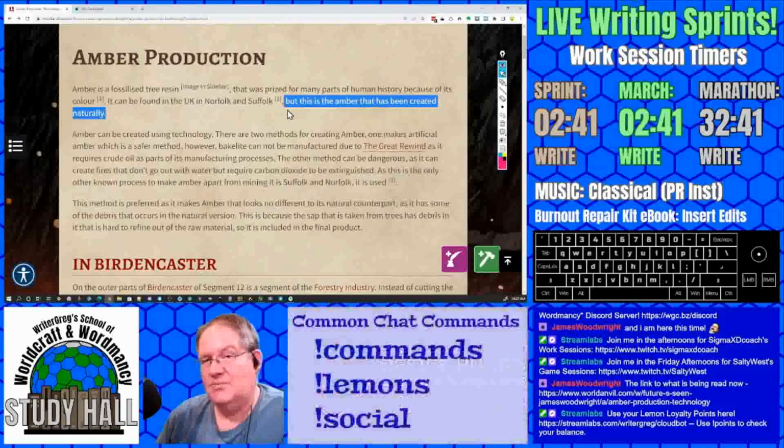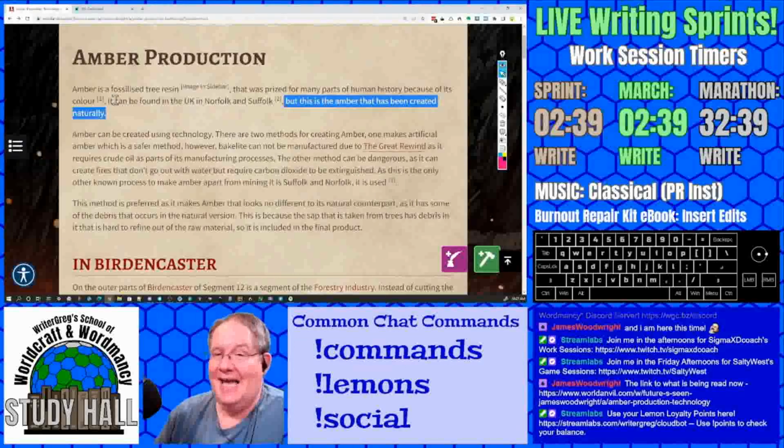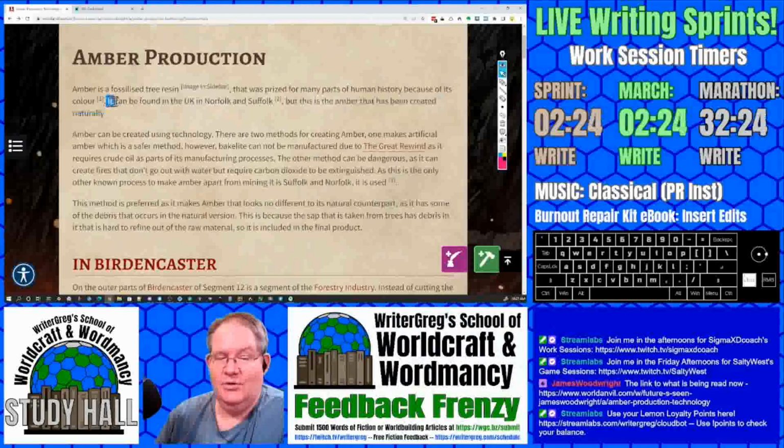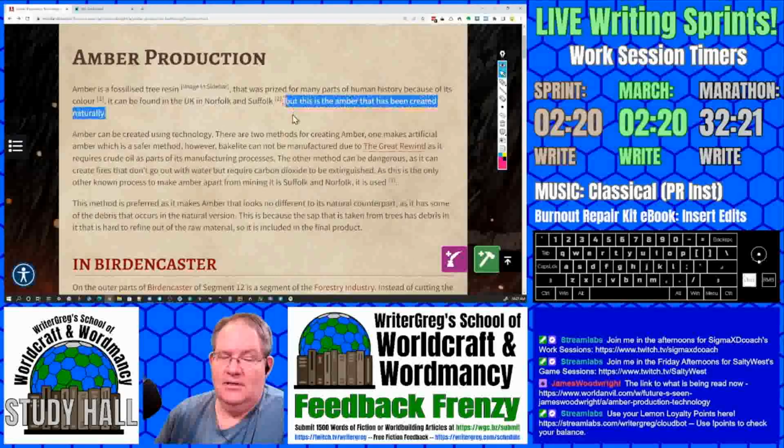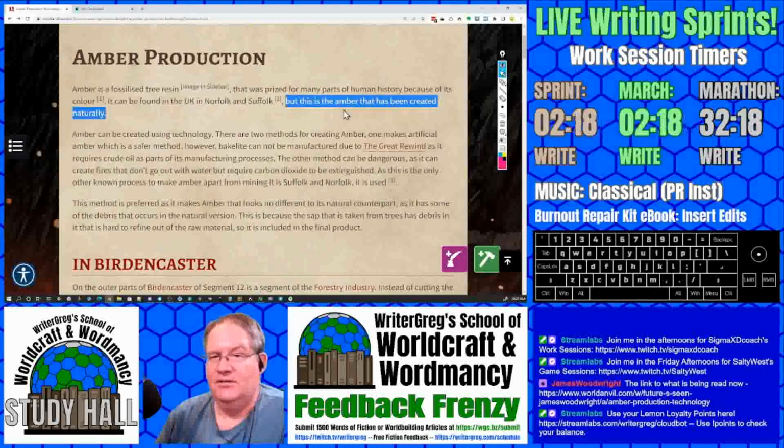You could say it much more simply, just saying natural amber can be mined in the UK near Norfolk and Suffolk. Okay, you can just say natural amber instead of the word it. And that way you don't have to use that whole sentence. It'll be tighter, it'll be cleaner.